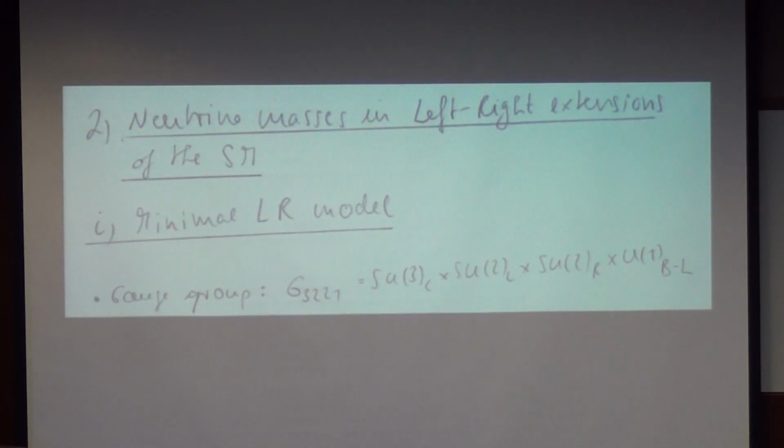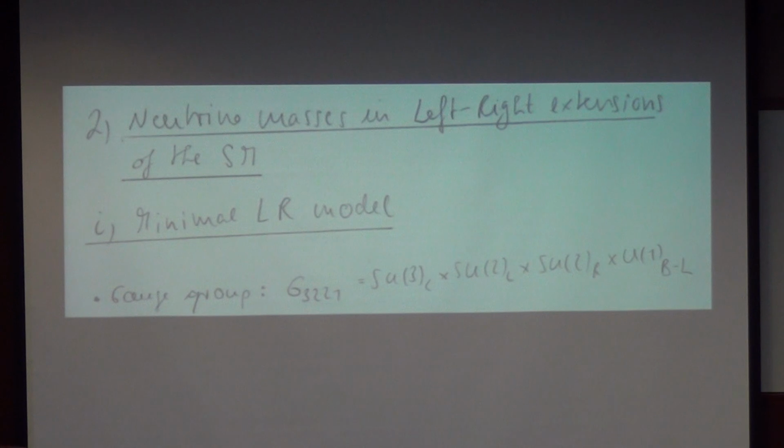Okay, now coming to neutrino masses in extensions of the standard model towards a grand unified theory. This is very important to understand the rest of this lecture. The simplest extension of the standard model towards a left-right symmetric grand unified theory is called the minimal left-right model.